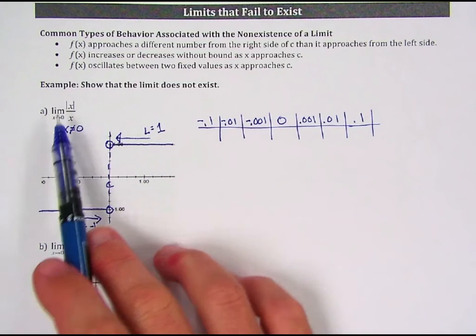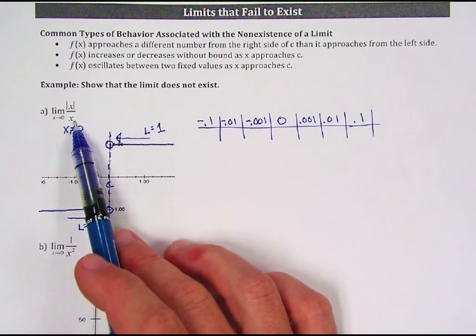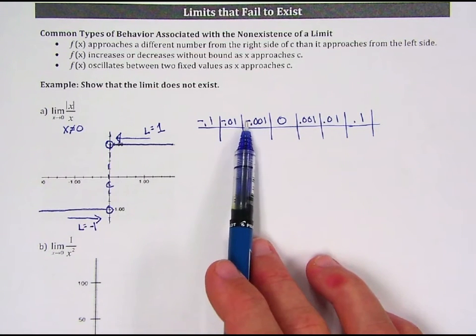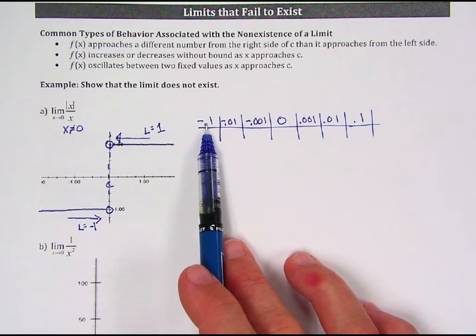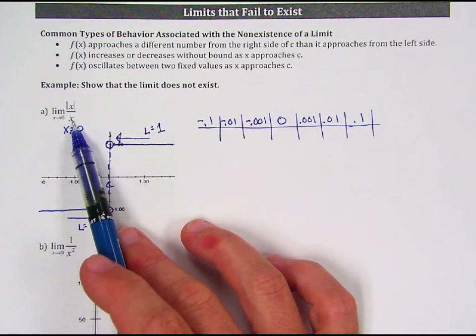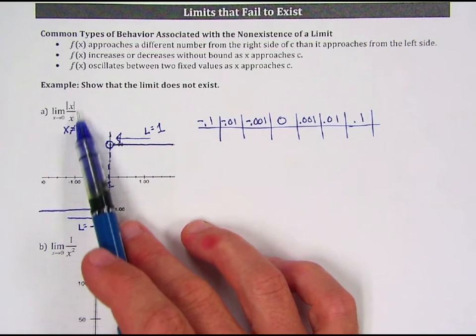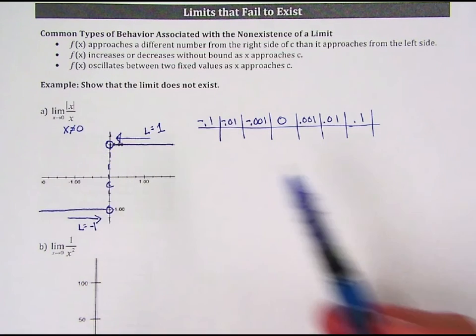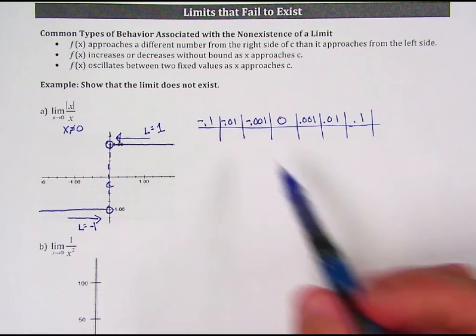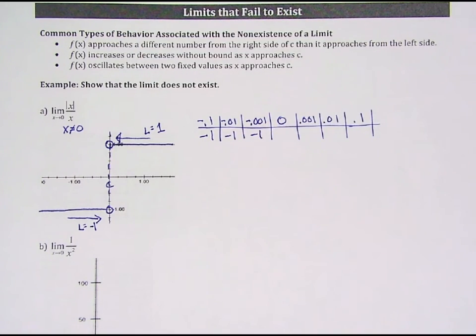If we examine our equation, it's going to be the absolute value of x divided by x. So when x is negative, it's automatically going to make the numerator positive, but the denominator is going to stay negative. Since it's the same thing, we're going to get either positive or -1. If x is negative, then we're going to get a -1 right here.